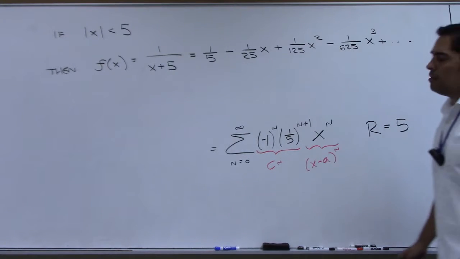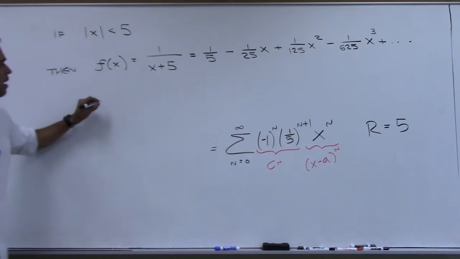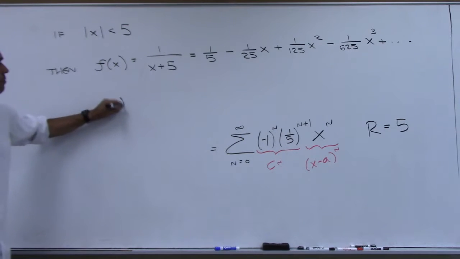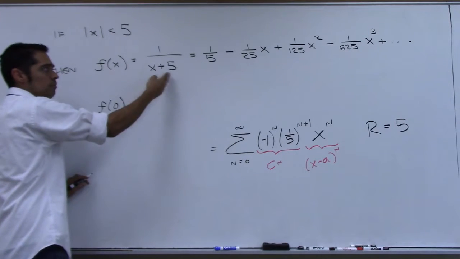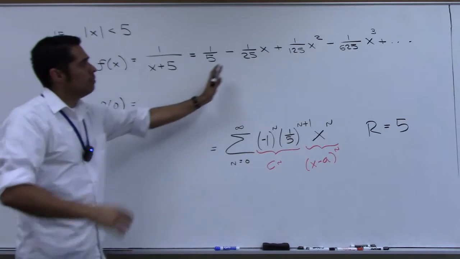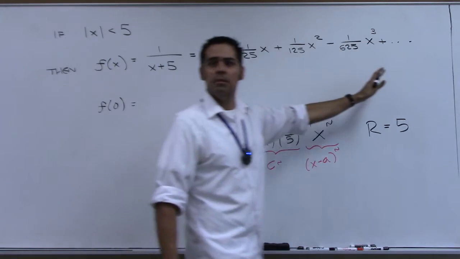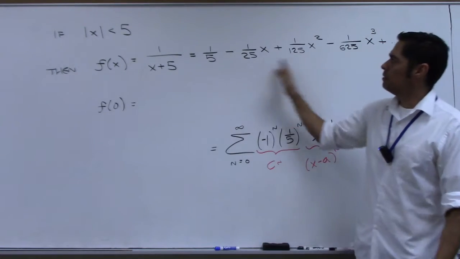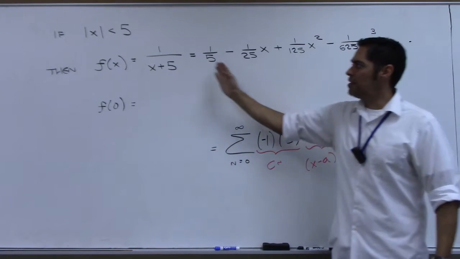All right, so let's try something. If I ask you right now, what's f of 0? Everyone would just plug 0 in here and get what? 1/5? What about that? Plug 0 into this. What do you get? 1/5, don't you? So they're the same, aren't they?